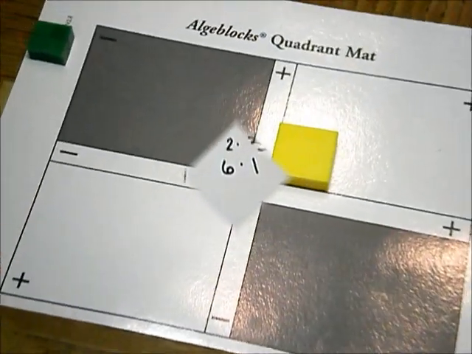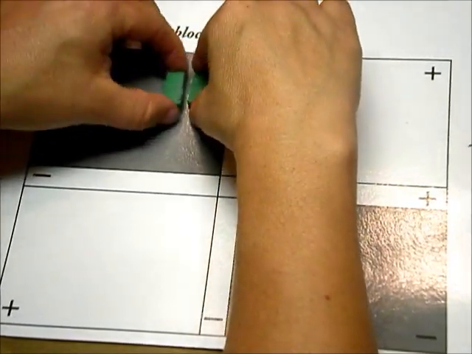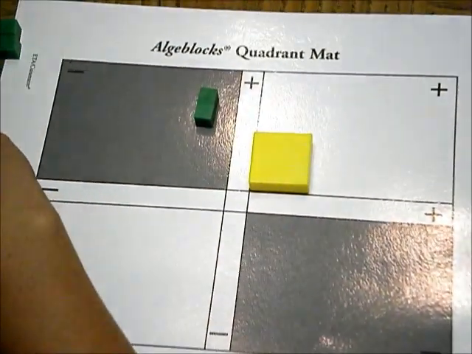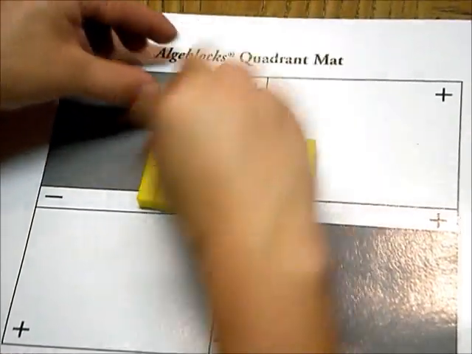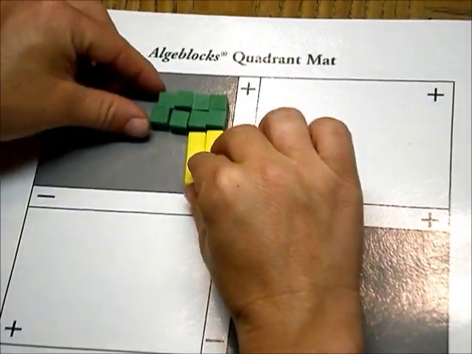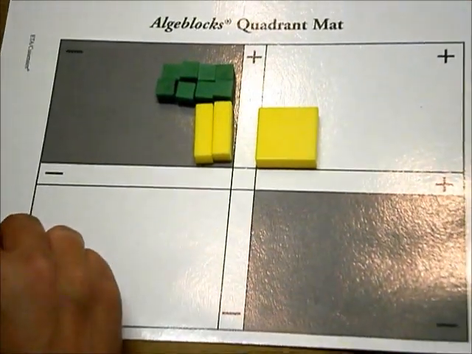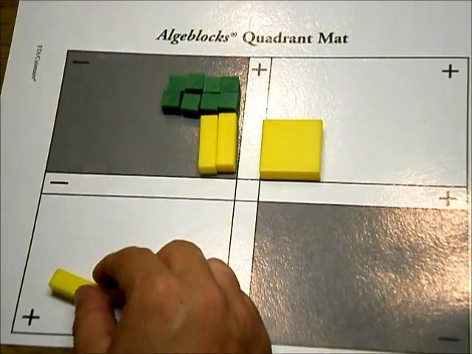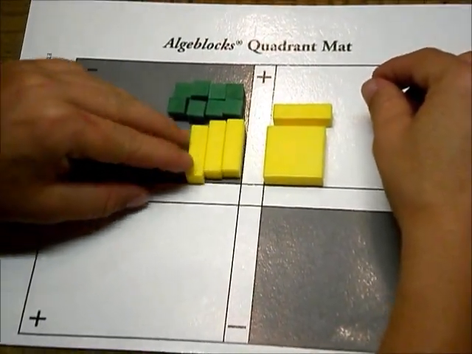Algebra blocks for one more expression, x squared minus 2x minus 8. At first glance, it may appear that the expression cannot be factored. To complete the rectangle in algebra blocks, sometimes we must add 0 pairs. This can be confusing, but just remember to add one positive and one negative together at the same time.